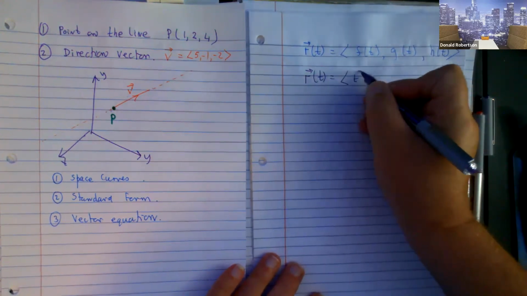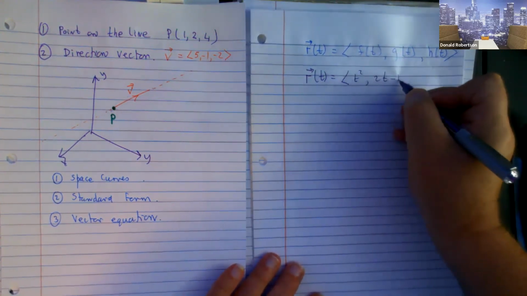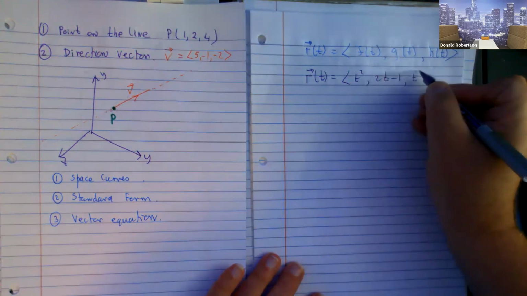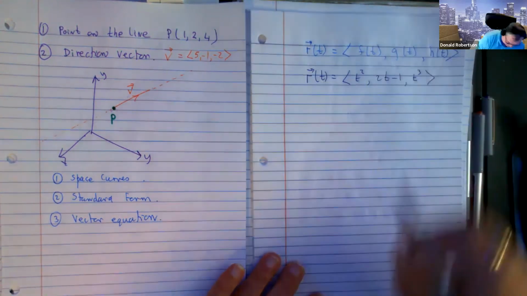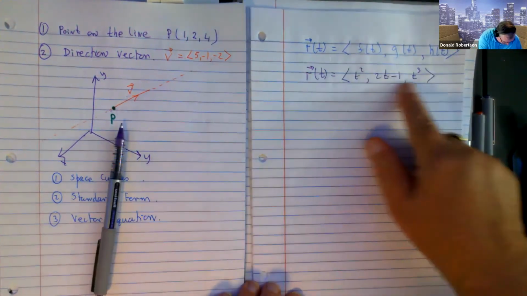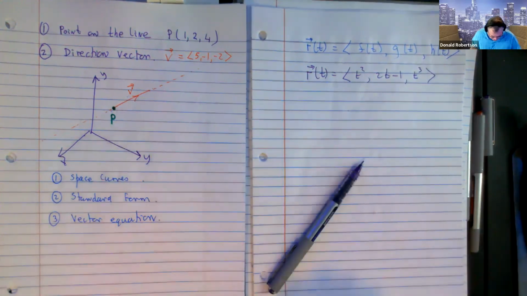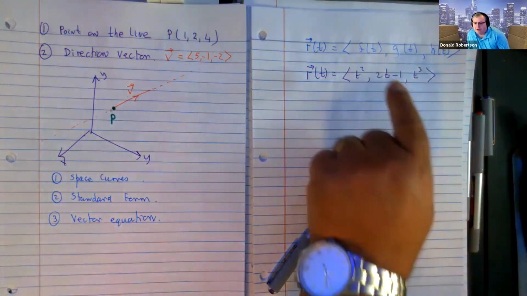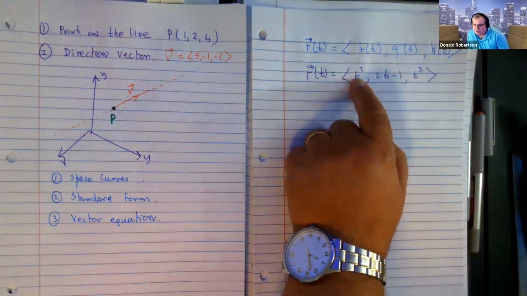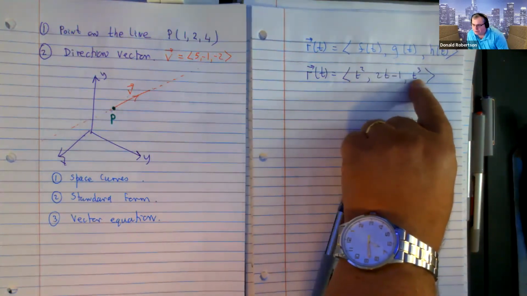If I said to you t squared, 2t minus 1, t cubed, right? That would be an example of a space curve. What that would do is it would tell you every single point on that curve. All you do is plug in a value of t, and won't you get a position vector for it?